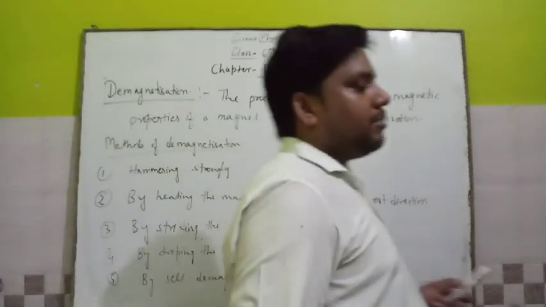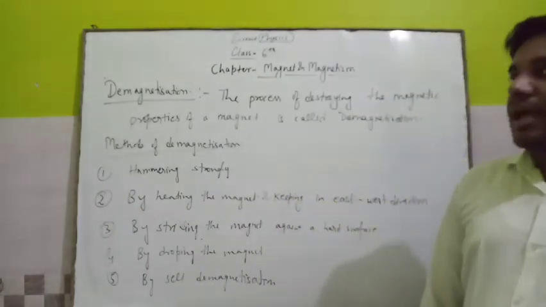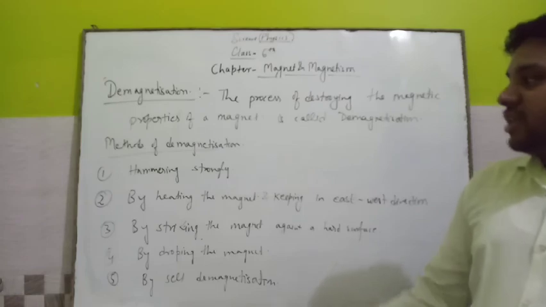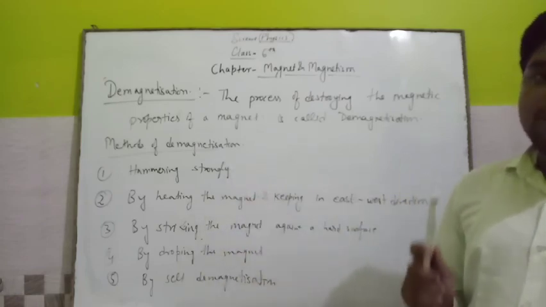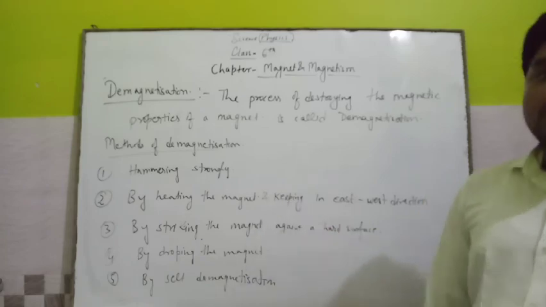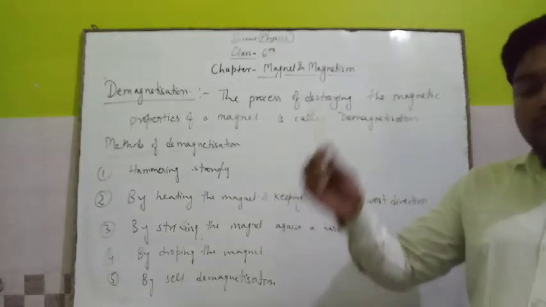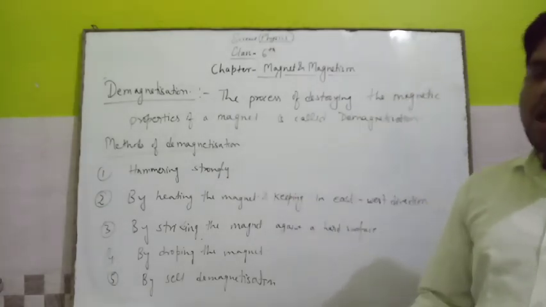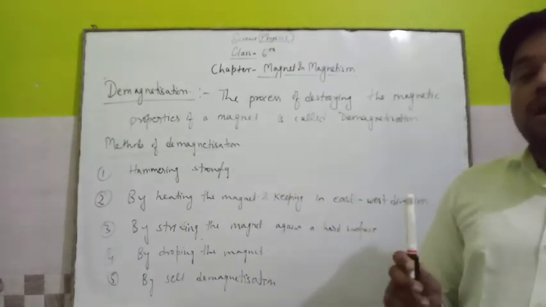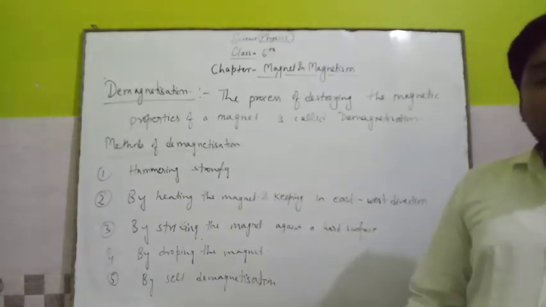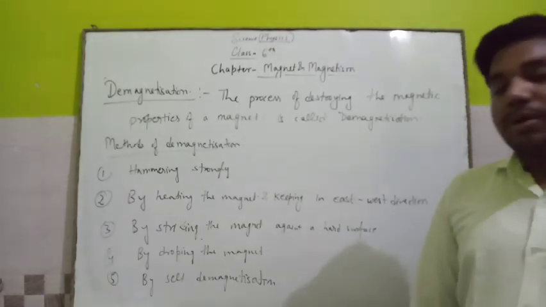These are the methods by which we can demagnetize a magnet. First is hammering strongly. Second, by heating: you heat the magnet and it loses its property. By striking the magnet strongly on a hard surface, it also loses its property. By dropping the magnet on any hard surface, it can also lose its property.